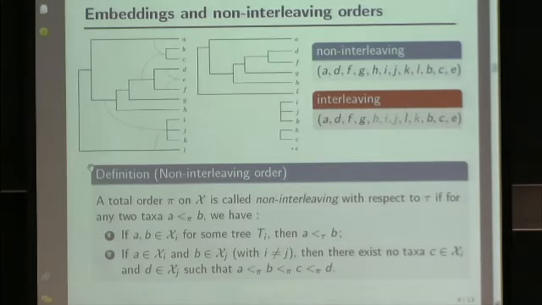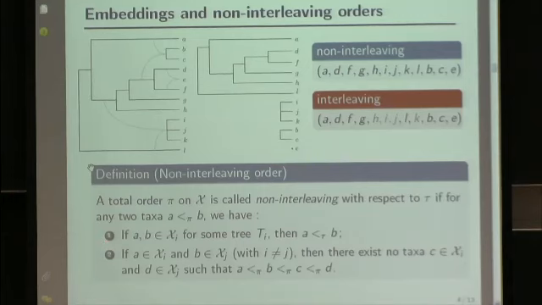So given this kind of tau, a topological embedding of a forest, here for example we have a phylogenetic network, and here the associated forest F_N. I call a total order pi on the taxon set not interleaving if these two conditions are both satisfied.